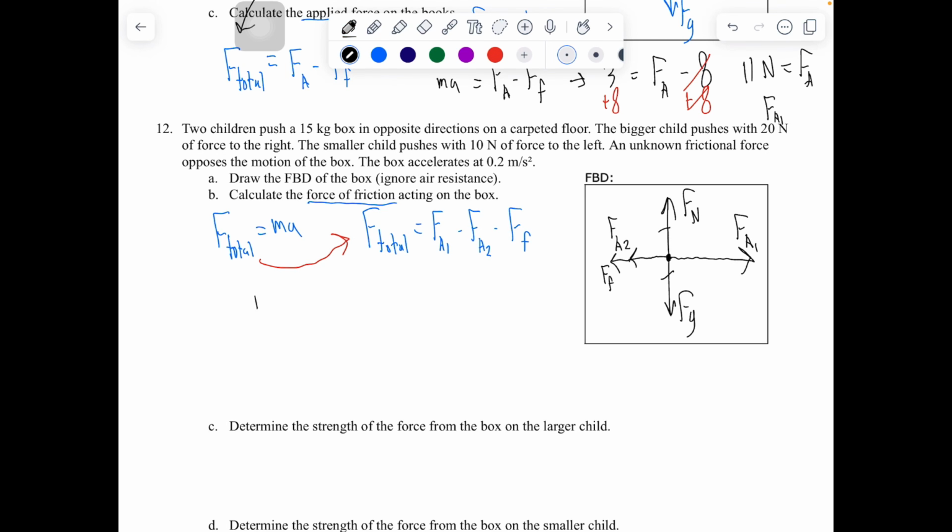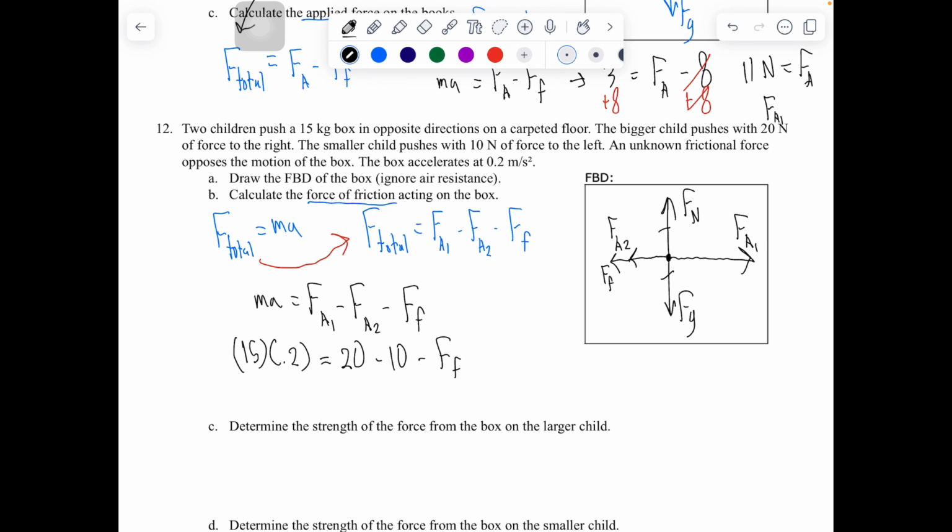Rewrite: mass times acceleration equals the applied force 1, minus the second applied force, minus our force of friction. And go ahead and plug in all our information. The box has a mass of 15 kilograms. We know the box accelerates at 0.2 meters per second squared. The applied force of the bigger kid is 20 newtons. The applied force of the smaller kid is 10 newtons.